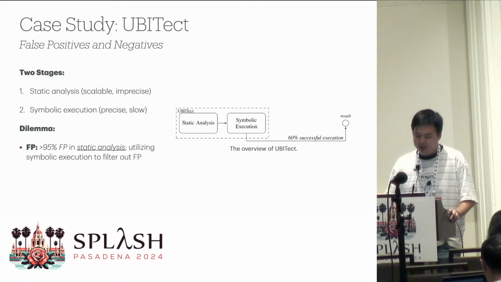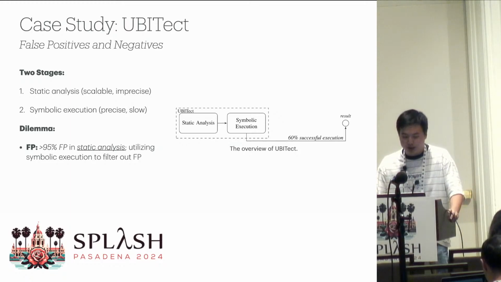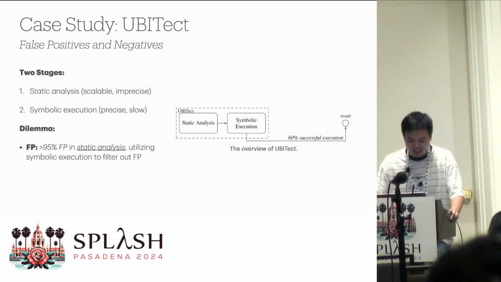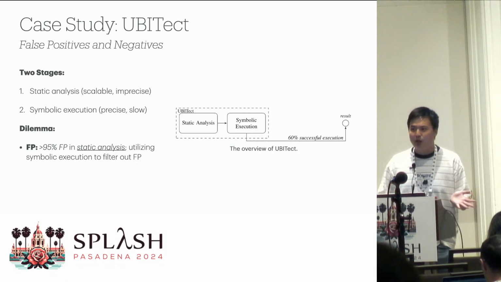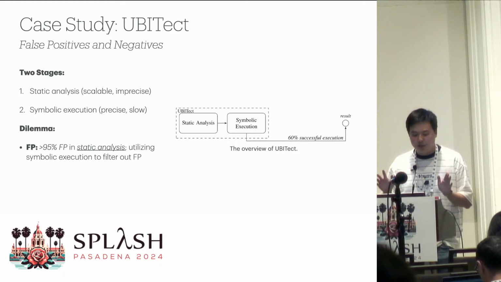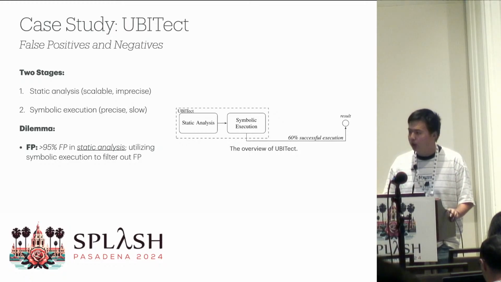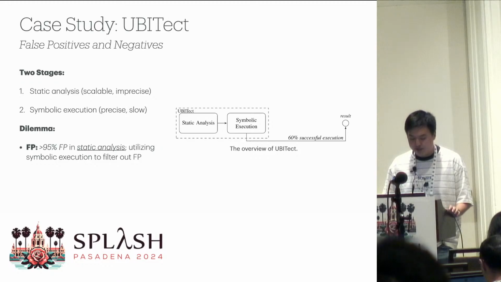The first problem is false positives. Their static analysis can produce more than 95% false positives. To handle this huge number of false positives, UBITect employs symbolic execution to filter them out by verifying the path.